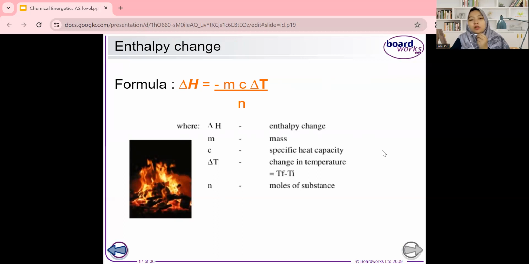If you are confused why delta H has a negative symbol there, it is because delta H involves the types of reaction, that is exothermic and endothermic reactions. If it is an exothermic reaction, delta H shows a negative sign. So you can decide the type of reaction after you get the result of delta H.